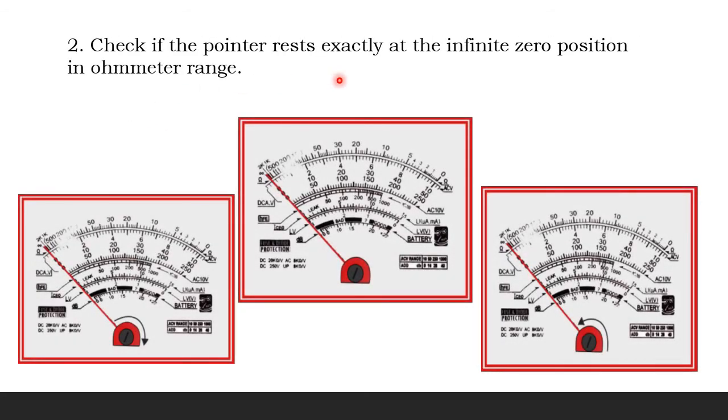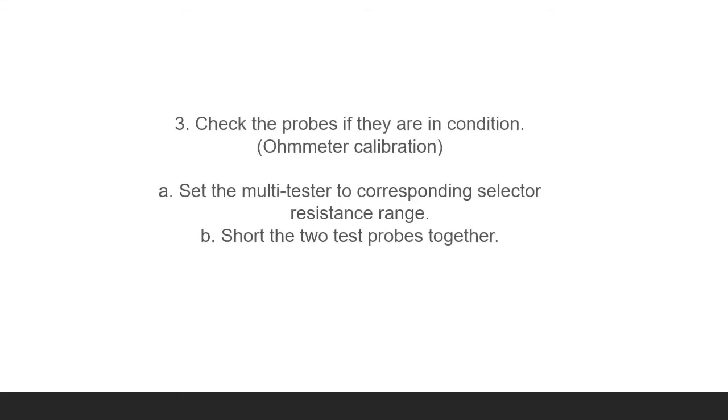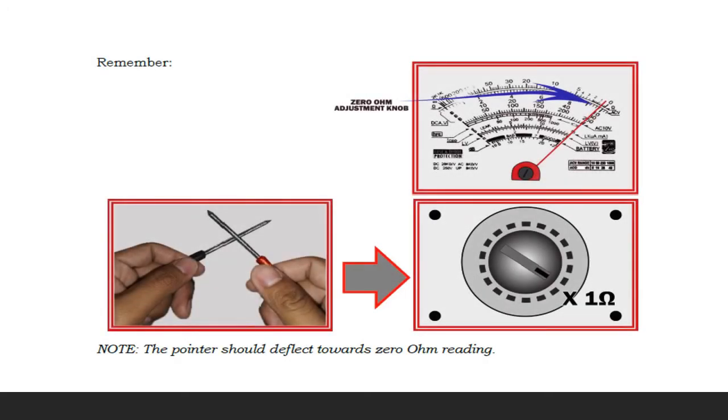Two, check if the pointer rests exactly at the infinite zero position in the ohmmeter range. It should be at the 0. Three, check the probes if they are in good condition.